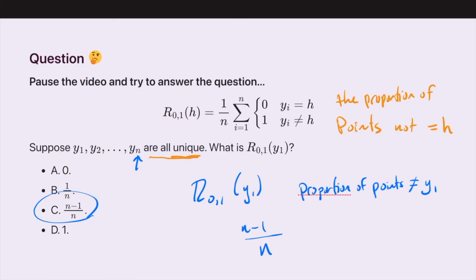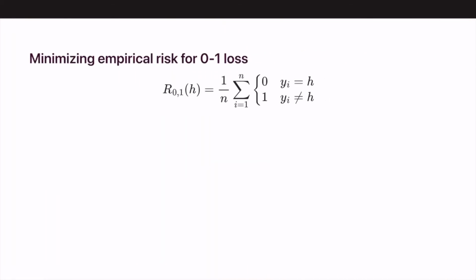All right, so let's dive a little bit more into 0,1 loss. How do we go about minimizing it? Well, let's think back to the data set that we had before. So that was 1, 2, 3, and 14. And let's think about what this loss function is asking us.